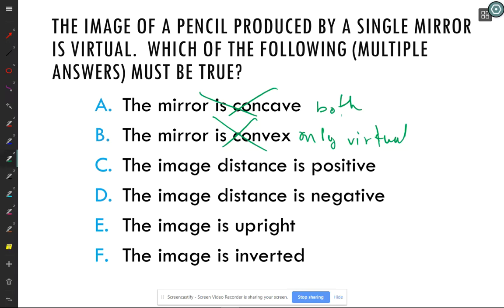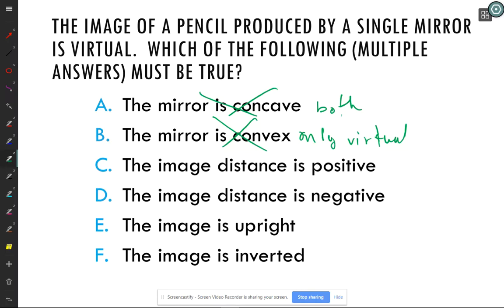I think it's positive. No, remember the rule we started with. It's where you have the projection of the rays meeting. The rays really exist on the side where it's reflected. So you would have a positive image distance if you have a real image because it's on the right side.